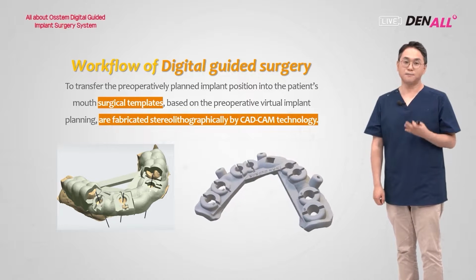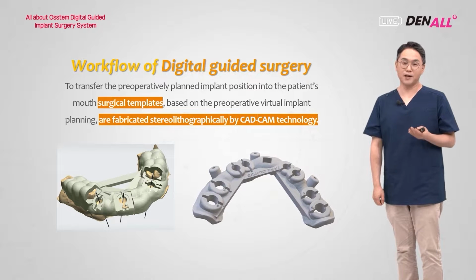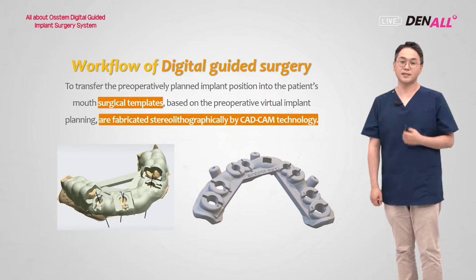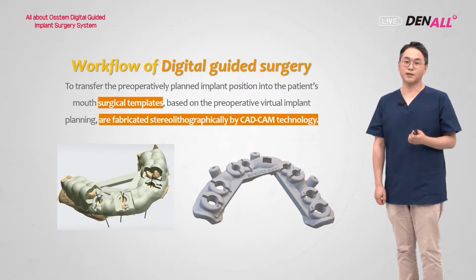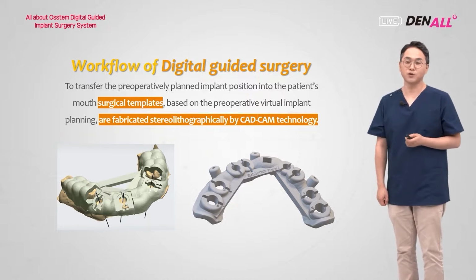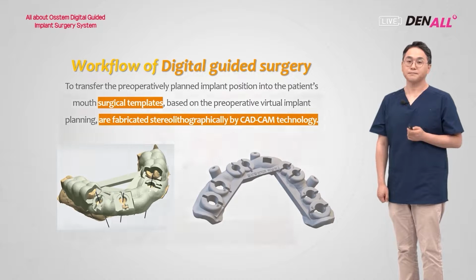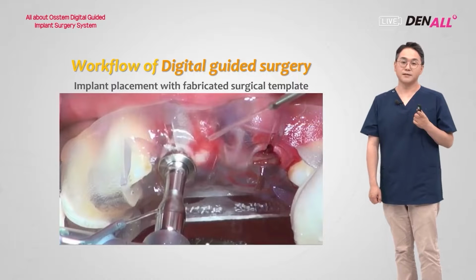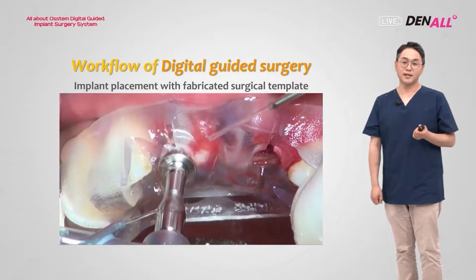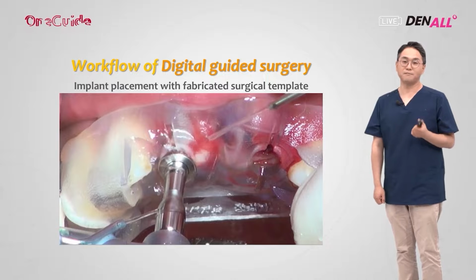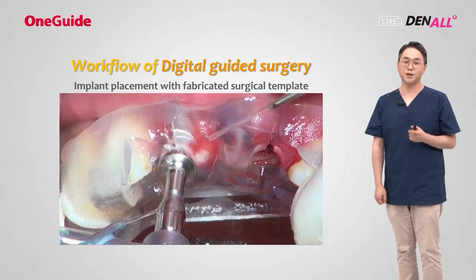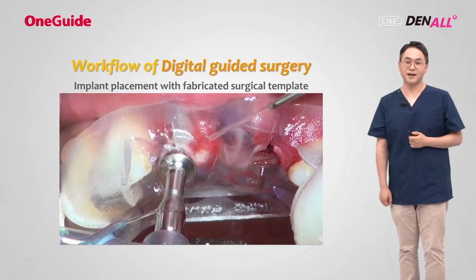At OSSTEM's OneGuide Center, planning for guided implant placement is done, and once you confirm it, the surgical stent is designed, fabricated, and delivered. Once the fabricated surgical stent is delivered to the clinic, you can position it during surgery and, using the OneGuide Kit, you can do the drilling.